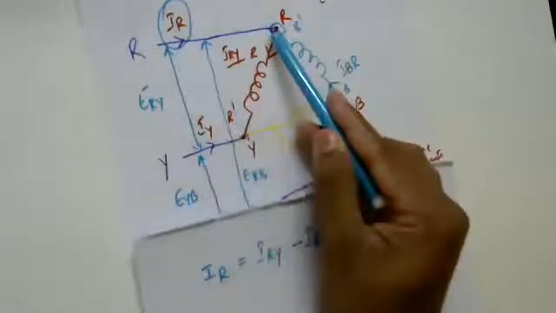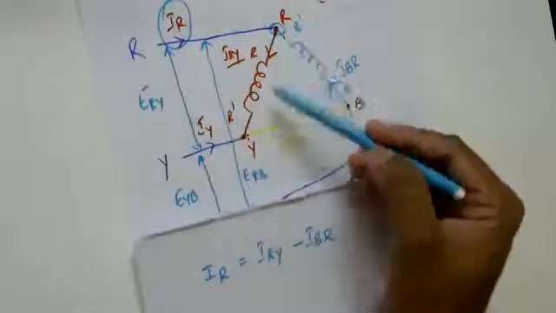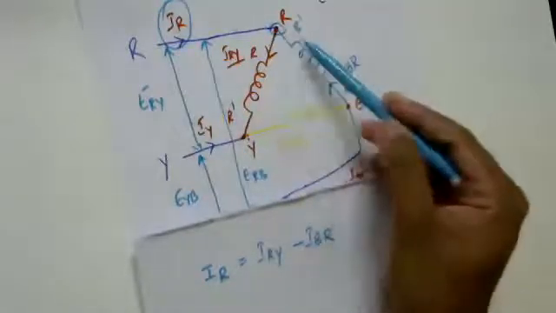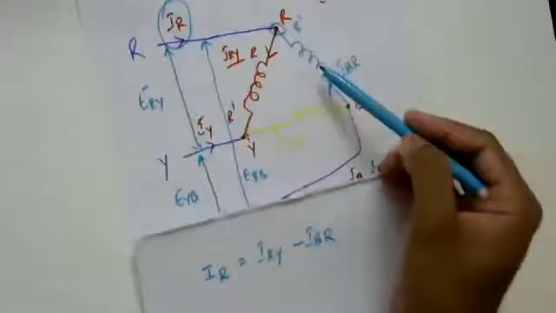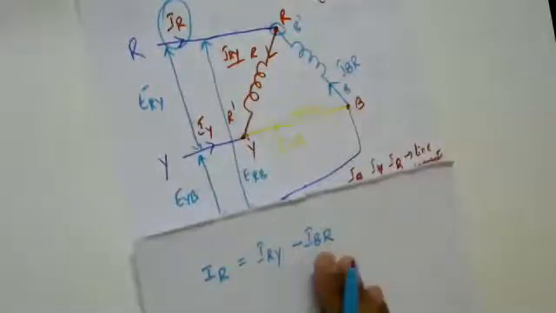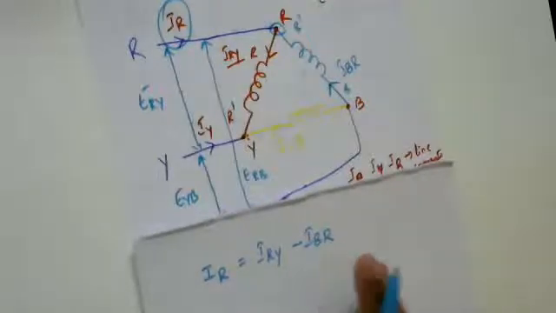So this current IR is equal to IRY minus IBR.